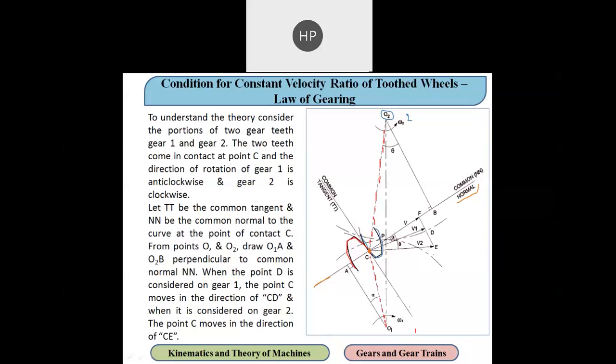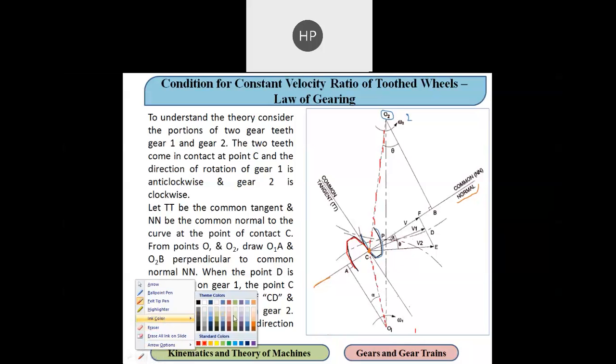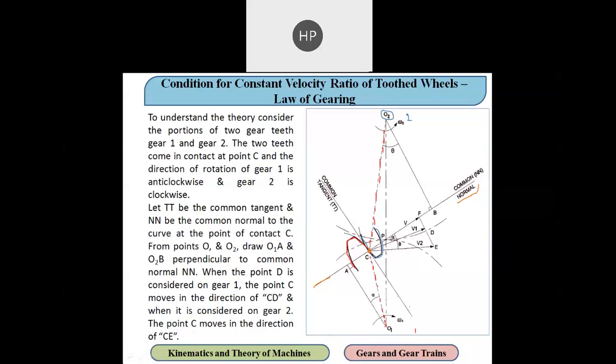Now on the common normal NN, from point O1 we have drawn a line which is perpendicular to the common normal.